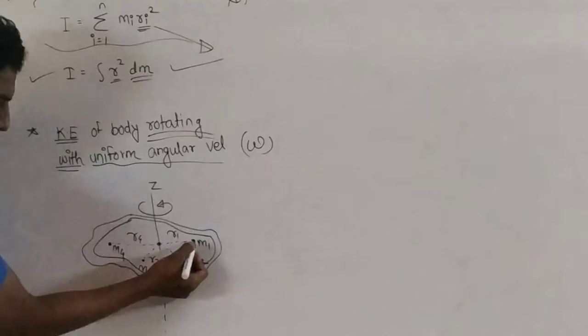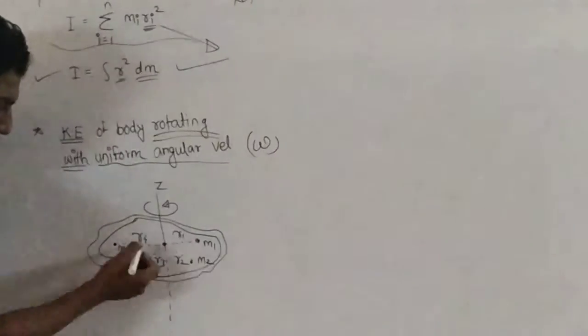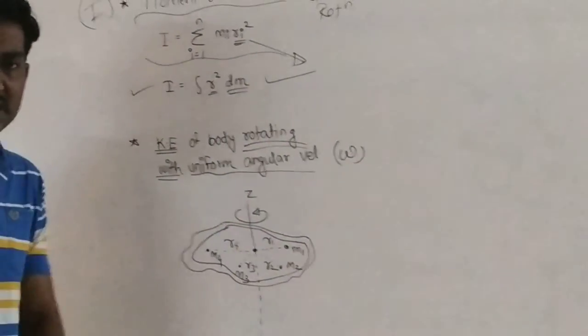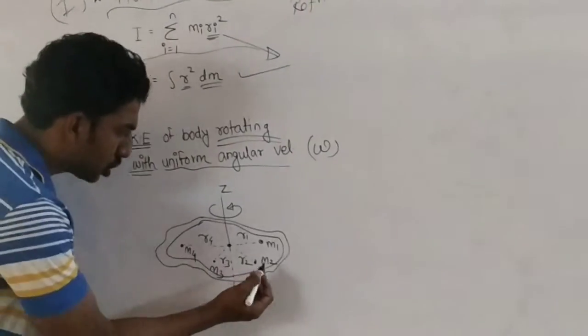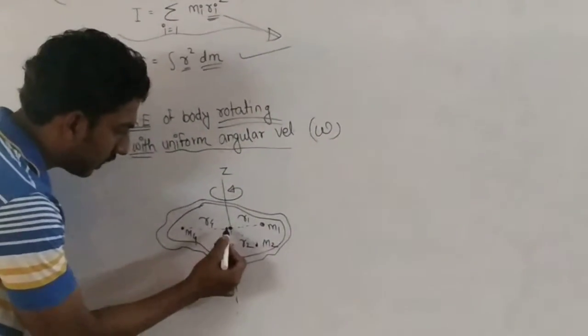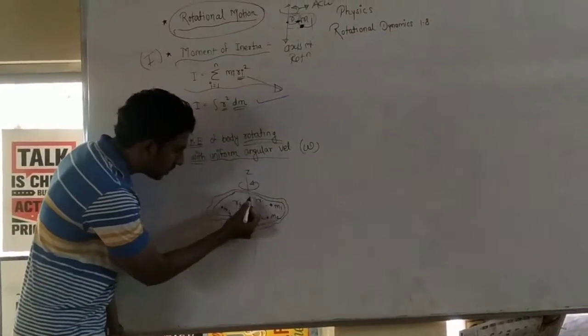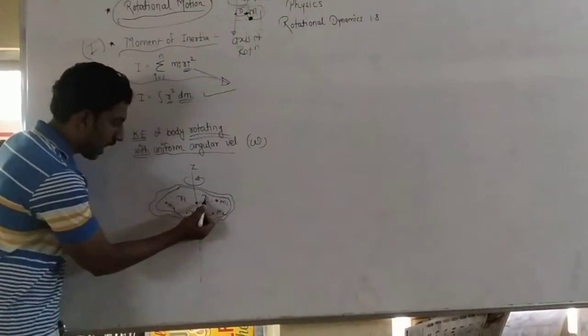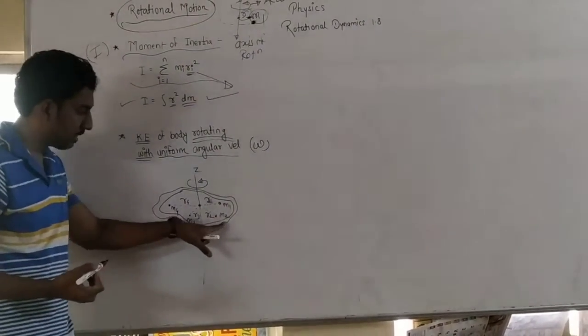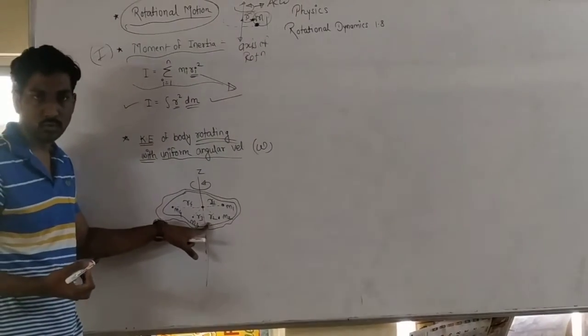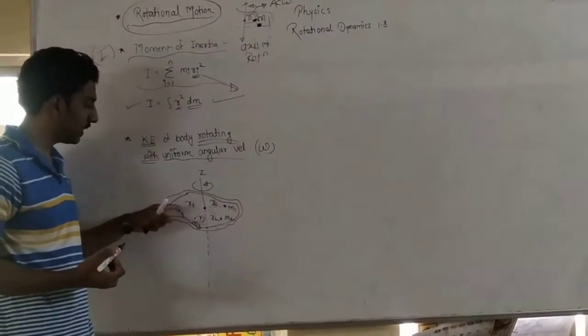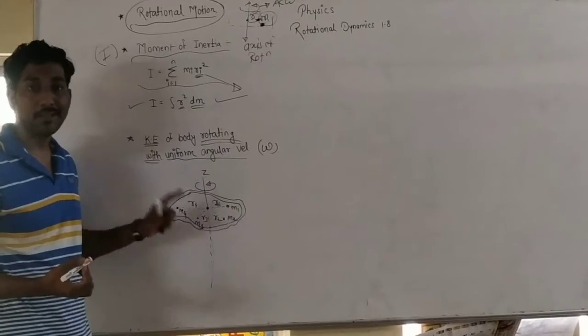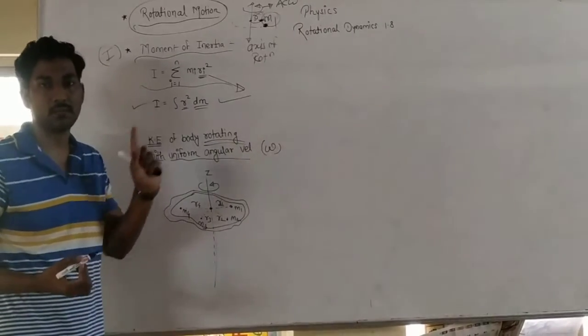In this body, a number of masses are there: m1, m2, m3, m4. I have considered only 4 masses. m1 and m2 have some distance from this axis of rotation. I have denoted it as r1, for the second mass r2, and similarly for m3 and m4 there will be r3 and r4.